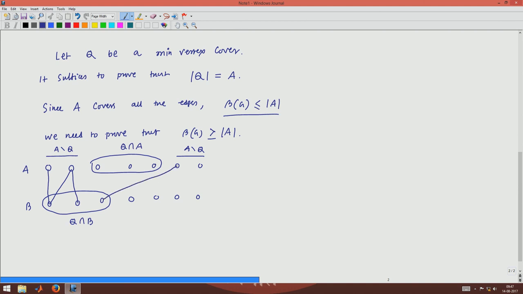So, this is an edge which is going out of A minus Q, this is another edge.